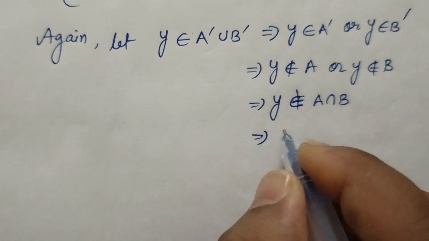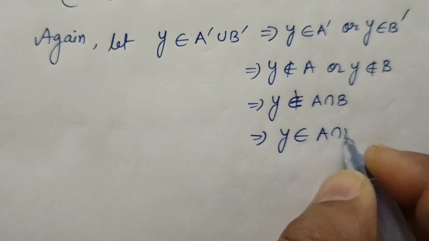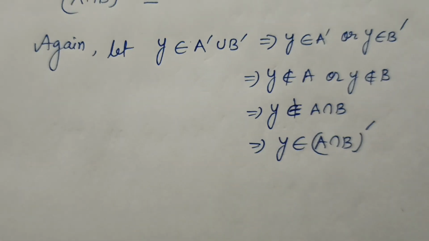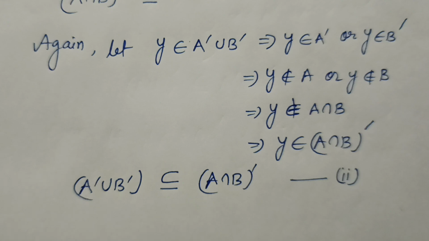So this would imply Y belongs to (A intersection B) whole complement. What does it mean? A complement union B complement is a subset of (A intersection B) whole complement.